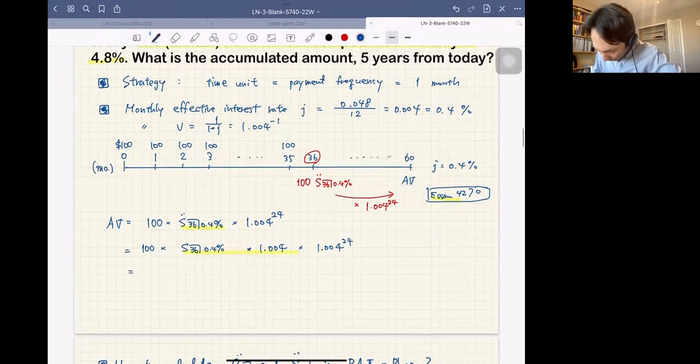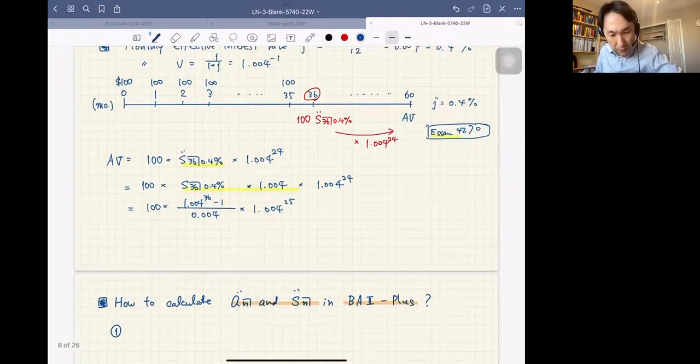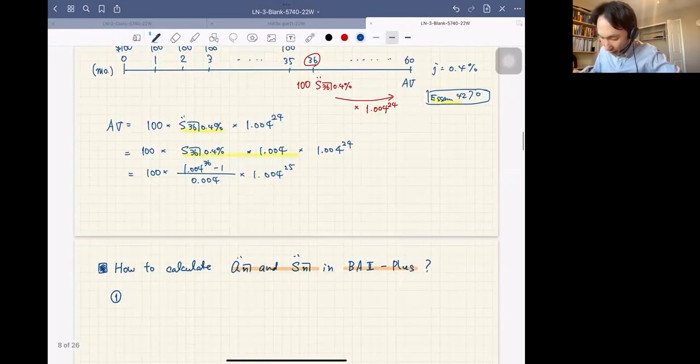Then S angle 36 is 1.004 to the power 36 minus 1 over 0.004, and times 1.004 to the power 25 actually. Maybe we should evaluate at 35, then it's a little easier.